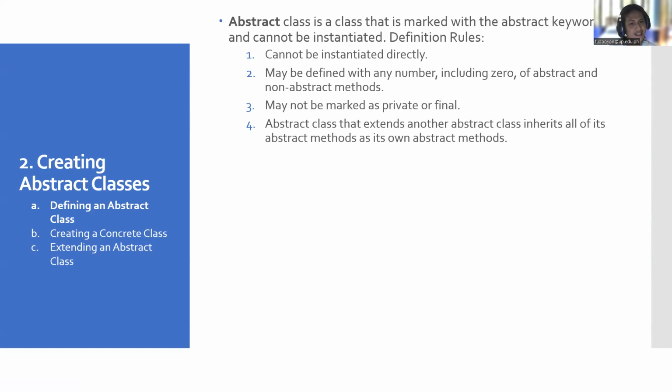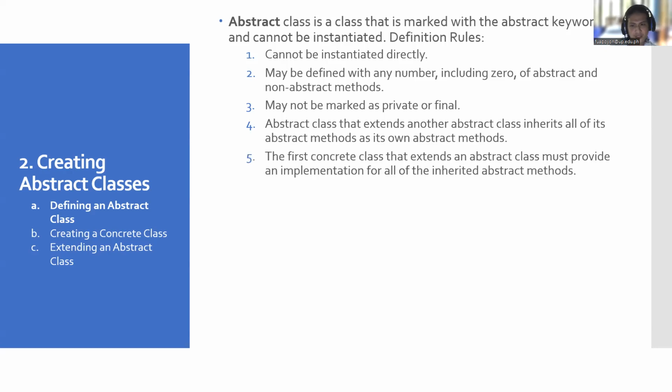An abstract class that extends another abstract class inherits all of its abstract methods. We'll talk about that more as its own abstract methods. So everything that you inherit from the abstract class is now your own abstract methods. The first concrete class that extends an abstract class must provide an implementation for all inherited abstract methods. We'll talk more about what a concrete class is later.